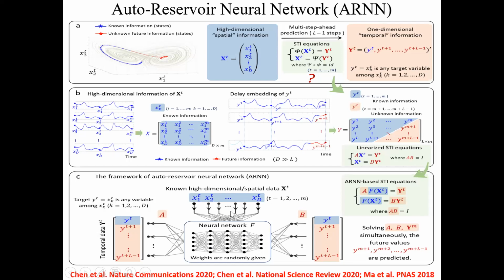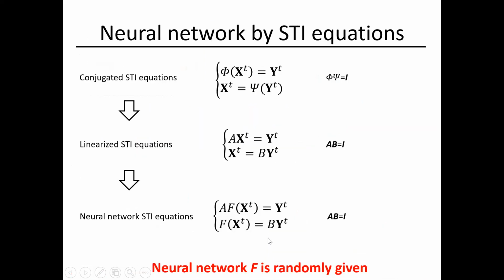With this structure we can solve this equation, and we found the prediction is very good. This one is very difficult to solve, and we can use a neural network to represent it, but you would still need many training data. The linear part is easy, but it's not accurate.